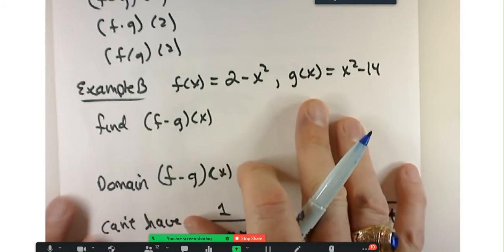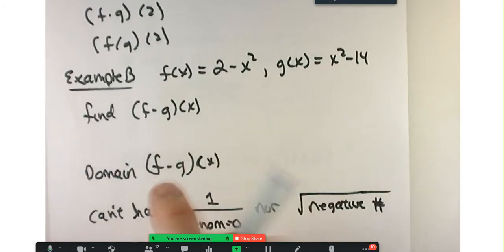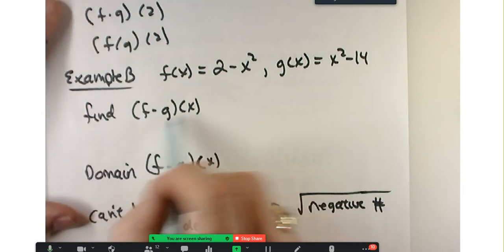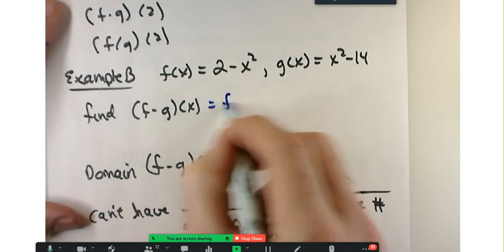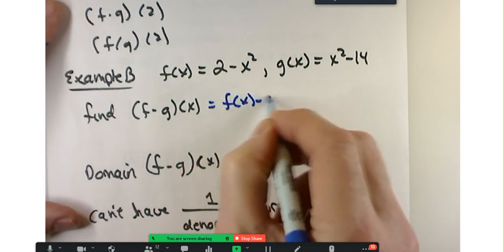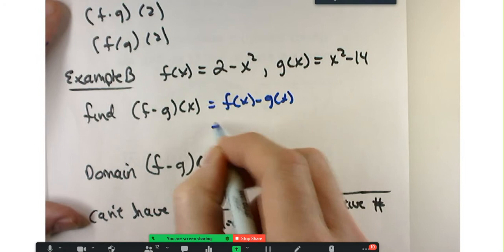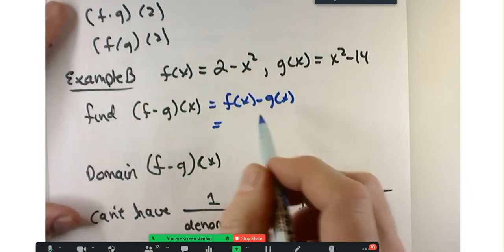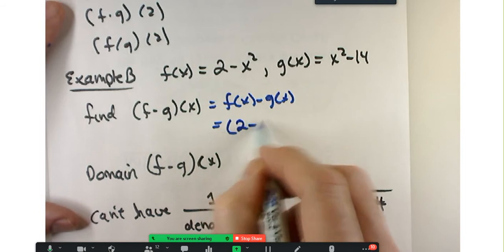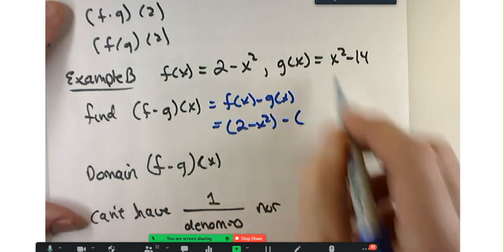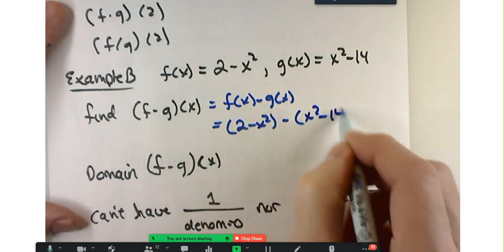Where it gets a little bit more interesting is when they have you deal with an f minus g of x, that kind of thing. This really breaks down into f of x minus g of x, which isn't bad. You just got to be careful with the negative signs. So for the first one, that's 2 minus x squared minus x squared minus 14.